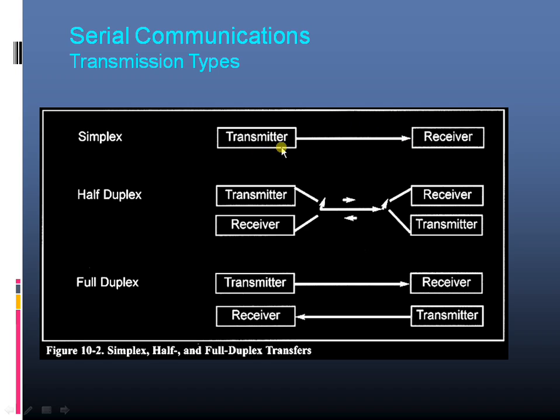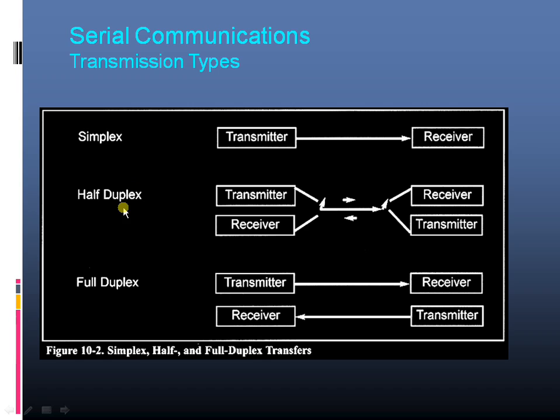The data is always transmitted from the transmitter to the receiver, but the receiver cannot transmit data back to the transmitter. That is why it is called unidirectional communication, simplex communication or simplex transmission. The best example for this is radio communication.